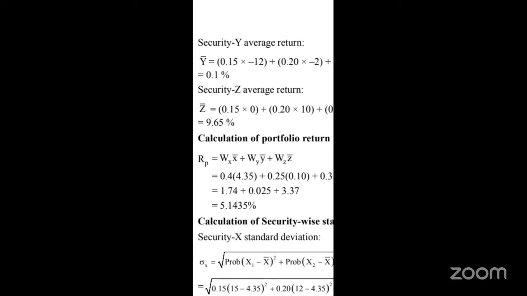Now, we are combining them into the portfolio. So that's why you have to combine these. Now we are using the return on portfolio: RP is equal to R1X1 plus R2X2 plus R3X3. You can call them 1, 2, 3, or X, Y, Z, or A, B, C, whatever you want. What is the fund we are investing in X? 40%, that is 0.4, and the return we got is 4.35. Second is 25%, and the return we got is only 0.10.